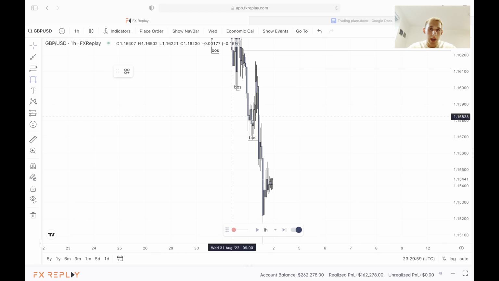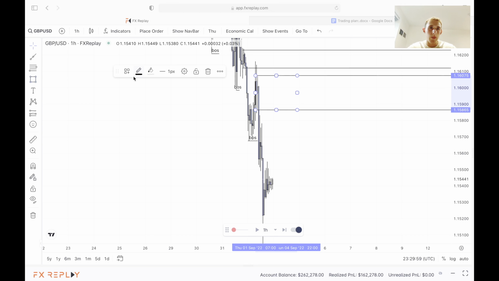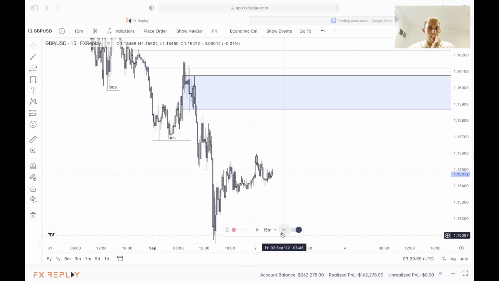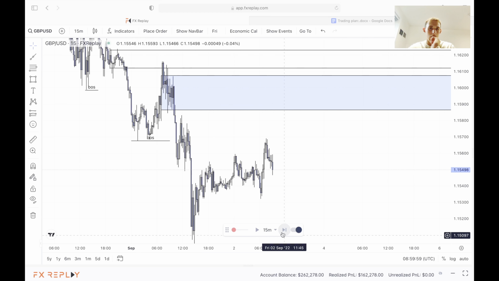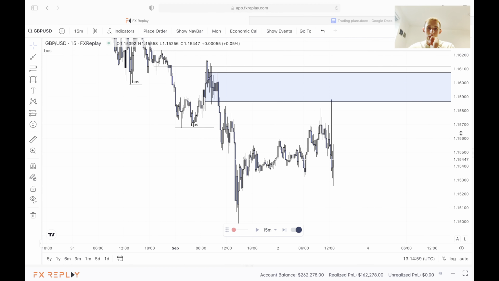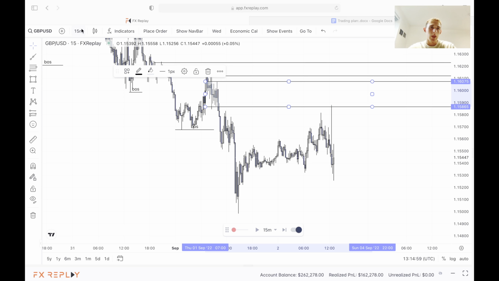And the next level I'm looking at is this one, as this is the supply and we have some liquidity below it. See what happens there. Okay, so we got a pretty nice rejection of it. Did we break some structure?